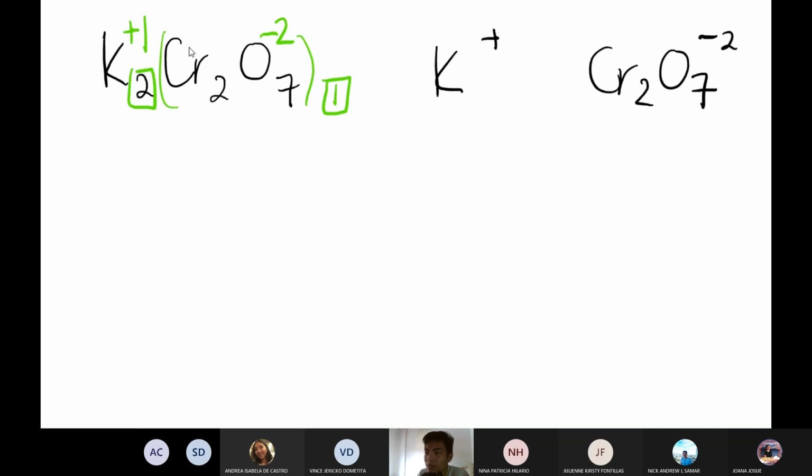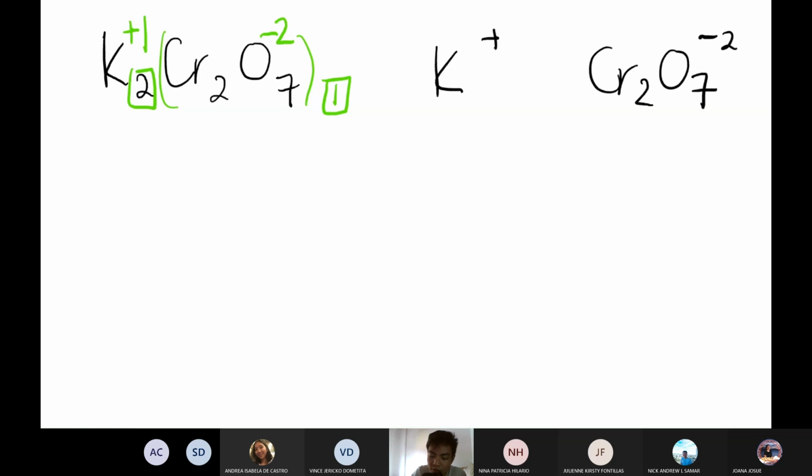So sabi ko sa students ko before, if you have a polyatomic ion, lagyan mo siya ng parenthesis, no? Whatever the number is outside the parenthesis, yun yung i-criss-cross mo, not the numbers inside. Okay? Ayan, so we have K plus and Cr2O7.